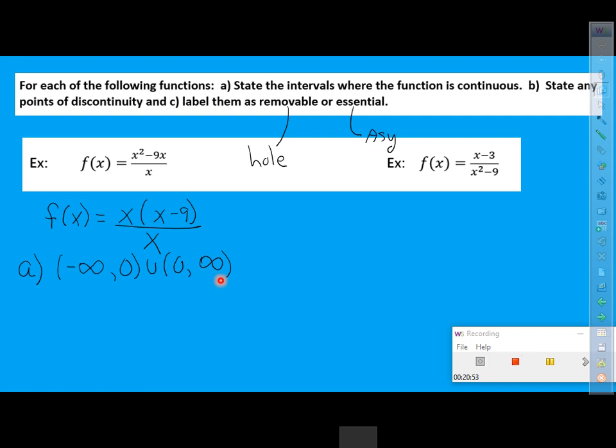Now it says, tell me where it's discontinuous. It's going to be discontinuous at x equals 0. I'm going to divide them out. I just removed it. So now this is going to be labeled as removable.